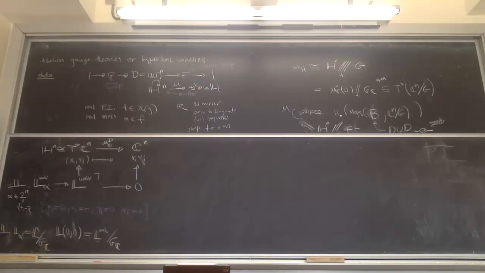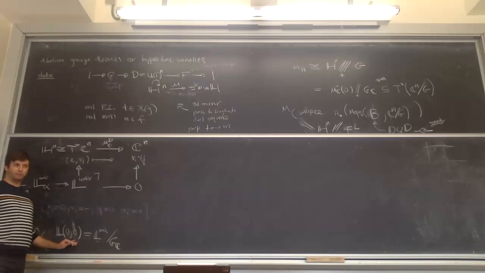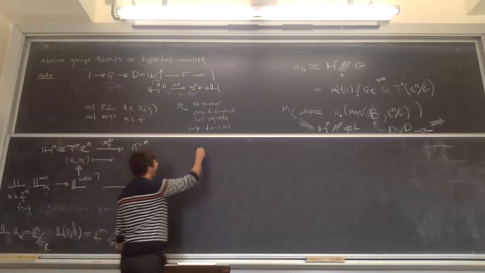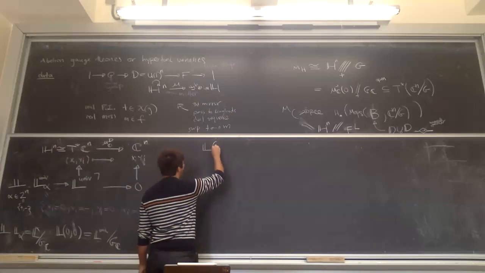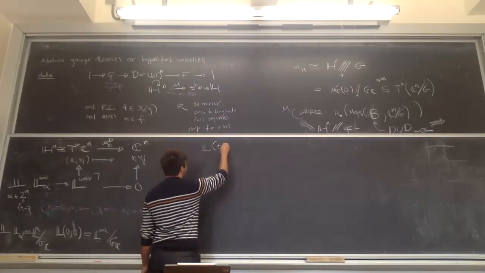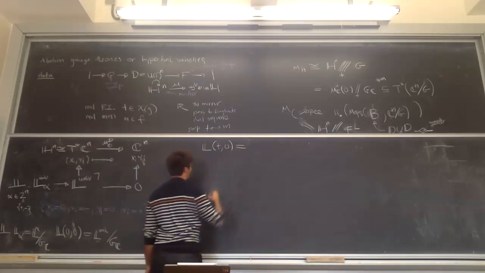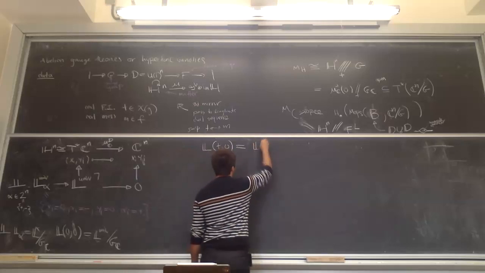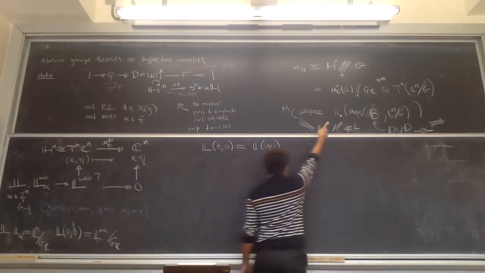All I've done is just taken the quotient and then given it some really strange notation. And then I'm going to define one other Lagrangian, which I'm going to call LT0, which is going to be just the intersection of L00 with this open subset.